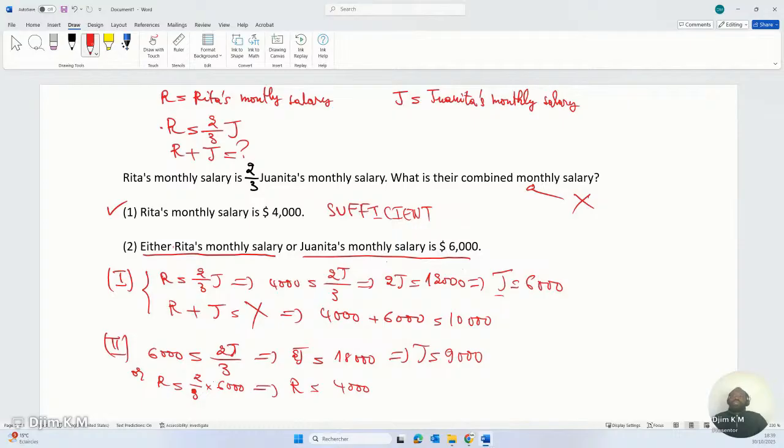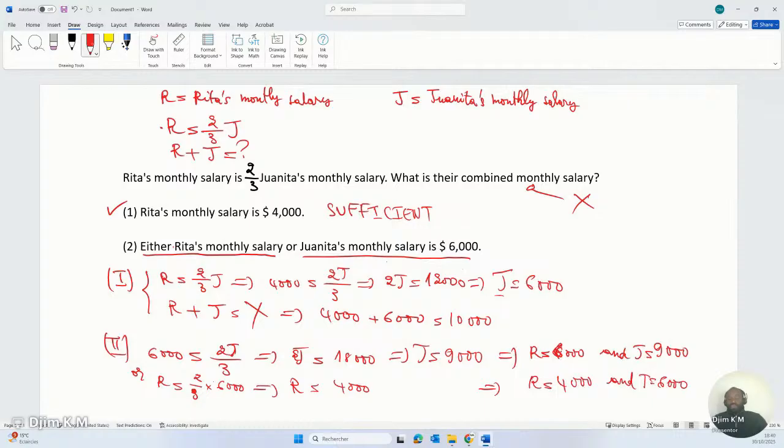Okay, so here you can see that we can have different values. Here R is 6,000 and J is 9,000. But if we considered J's salary to be 6,000, Rita's salary will be 4,000.